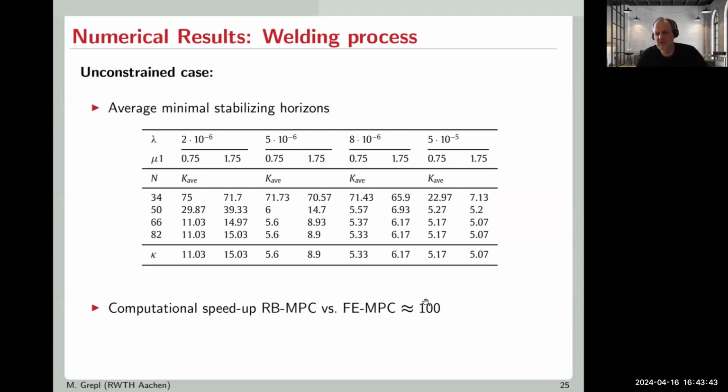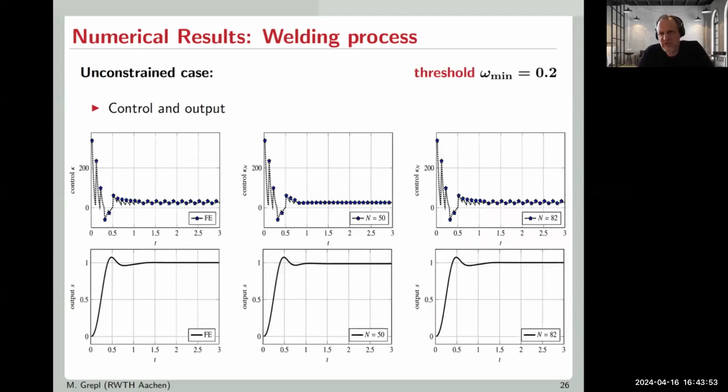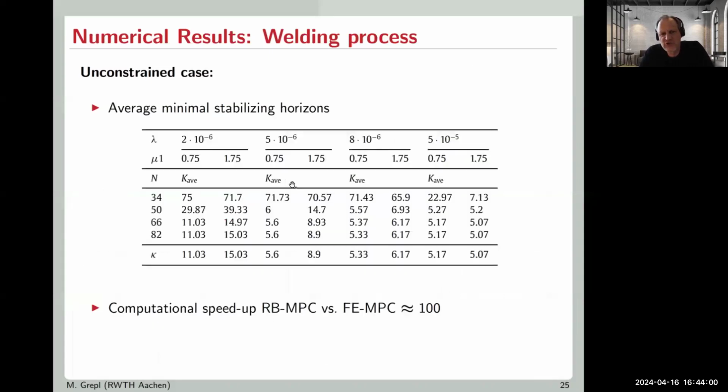The gain, comparing now the speed up between RB MPC and FE, in this case is an order of 100. I mentioned before that omega is our suboptimality degree, and here we choose the minimal stabilizing horizon as the first k where omega becomes positive.